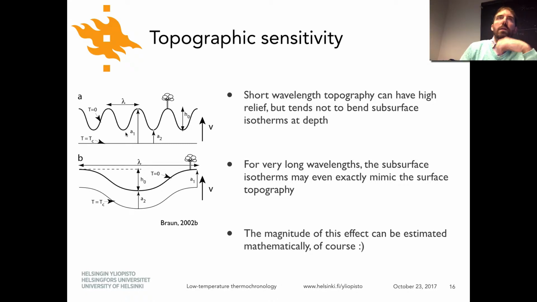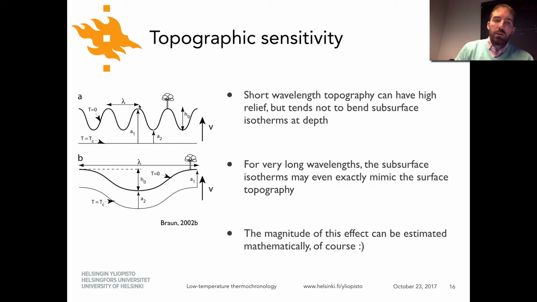So if we have short wavelength topography, so maybe this means that river valleys are quite closely spaced together. If the variation in elevation is over a very short horizontal distance, the closure temperature isotherm doesn't adjust to that short wavelength change in topography, but rather ends up being something that's actually closer to horizontal.